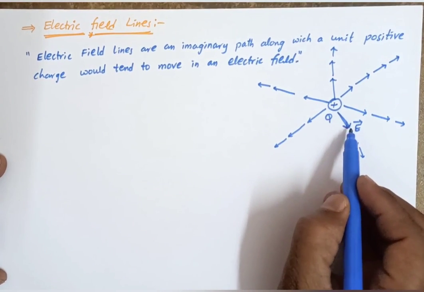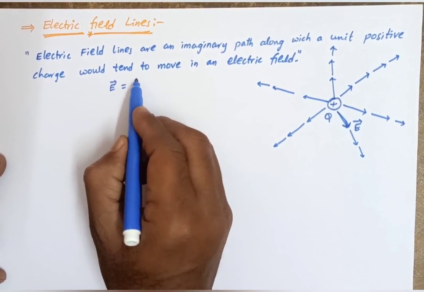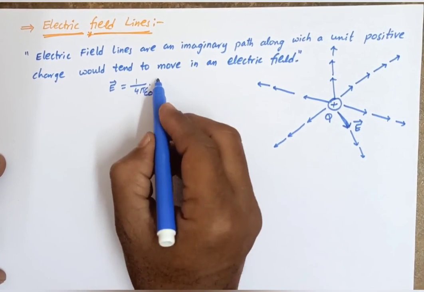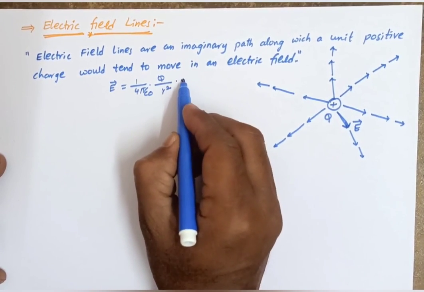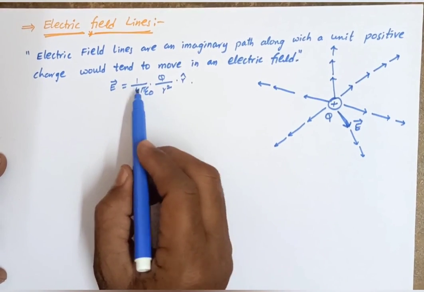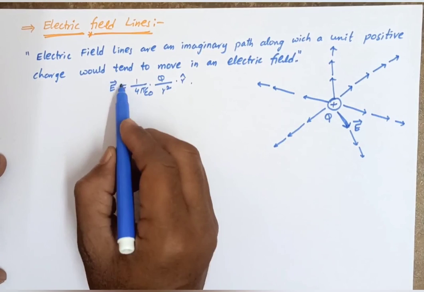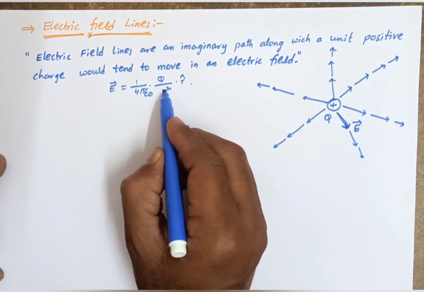So this electric field strength, already we know, E bar equals 1 by 4 pi epsilon naught into Q by R square into R cap. Here Q is constant, so electric field strength is inversely proportional to R square.